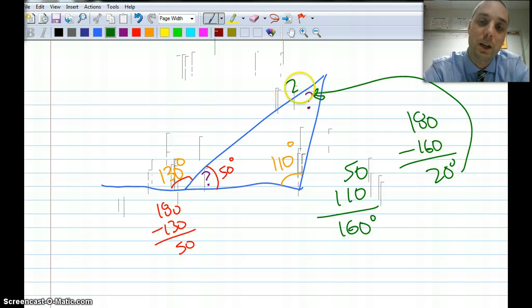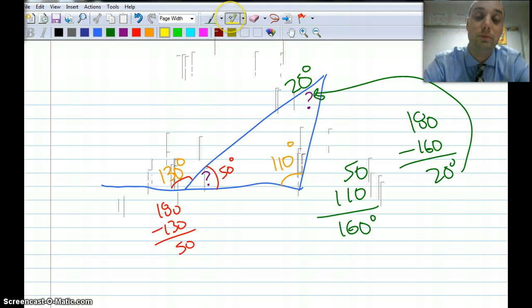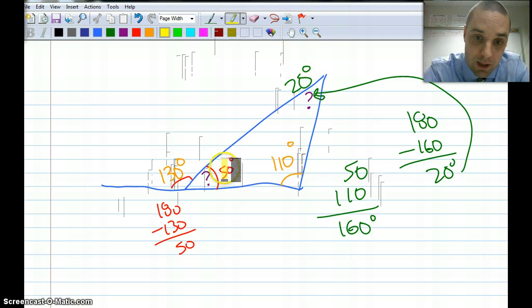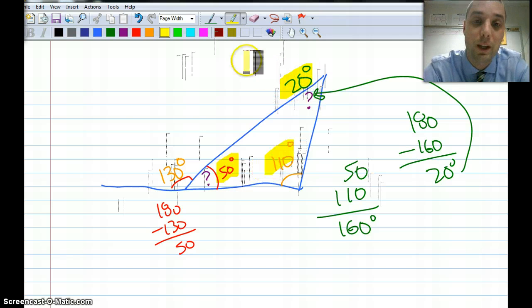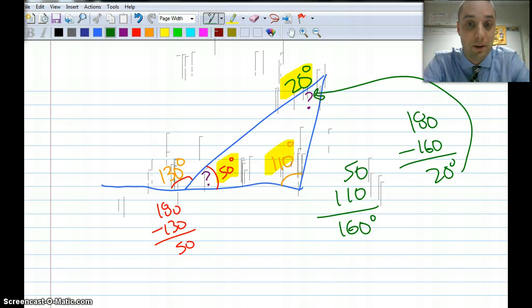Therefore, this angle right there is 20 degrees. Done. Double check: is 50 plus 110 plus 20 equal to 180 degrees when you add it up? It is. And those are the examples for your triangles. This one is a little more involved, so just start off with the order. Make sure you get that one first, and then come up there.